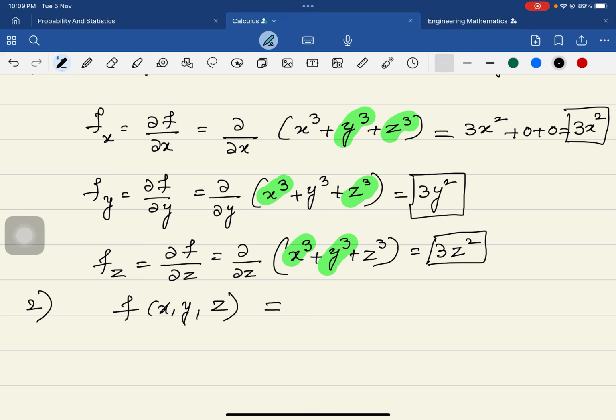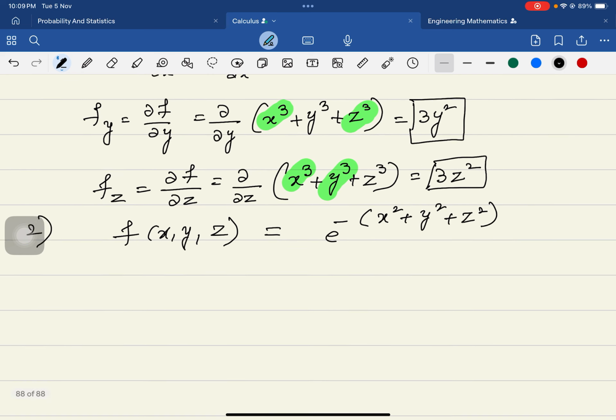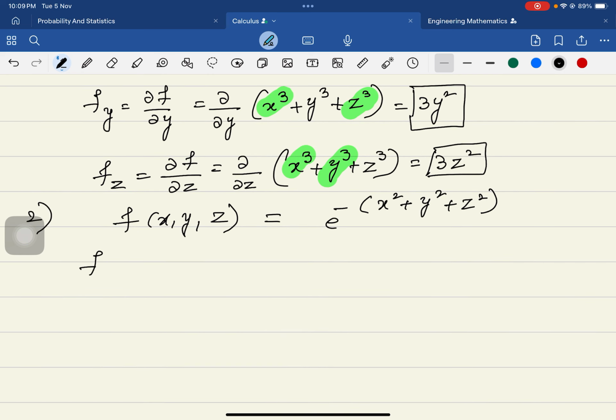Let us take f of x, y, z given by e raised to minus of x square plus y square plus z square, suppose. Now here you have to find fx, that is dou f by dou x, given by dou by dou x of e raised to negative of x square plus y square plus z square. We know the chain rule: the derivative of e raised to f of x is e raised to f of x times f dashed of x.